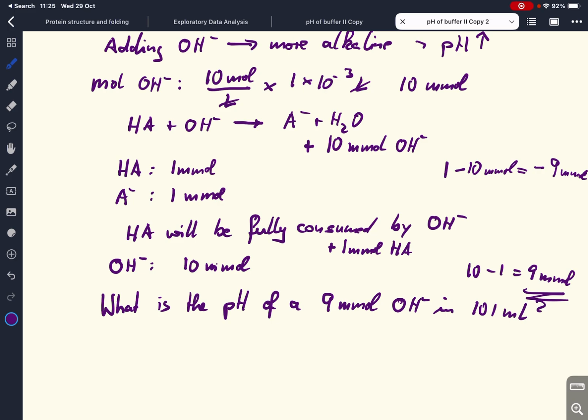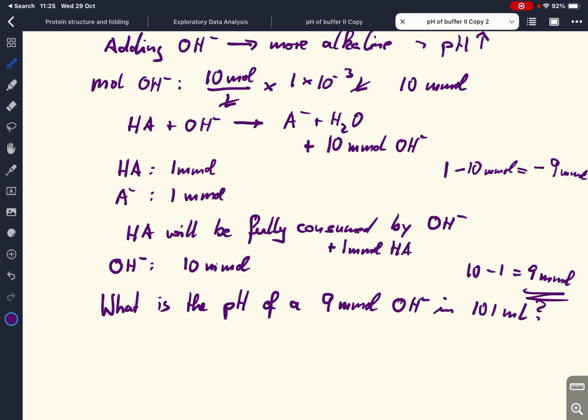So we need to change the way we think about it and say the acid is all gone. What we have is the leftover of the base that has not been neutralized by the acid, the leftover of the OH minus, and that is what really counts now.